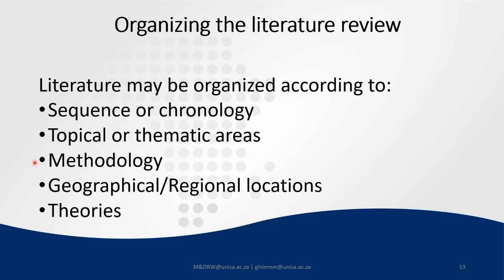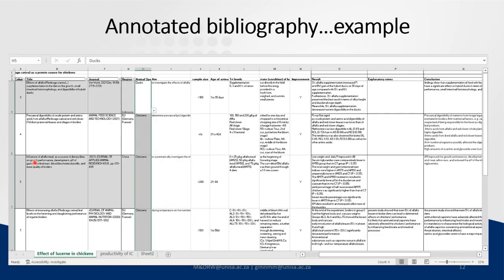The literature may also be organized according to geographical or regional locations. Again, I wish to go back to this slide where I show that there are different regions. These articles were published in the different regions. For example, we have Indonesia, Europe, Germany, France, China, and Europe again. So these publications came from these different regions.